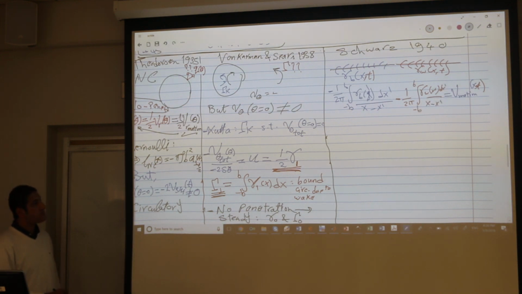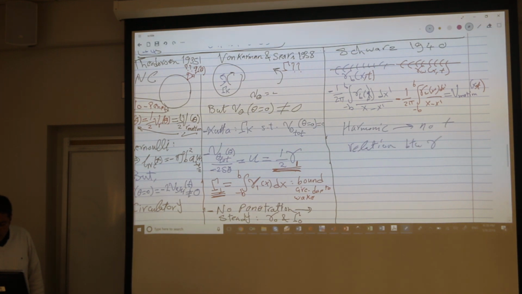Okay? What they did is harmonic motion from the beginning, so no t anymore, right? Then we need a relation between gamma wake and gamma bound. Well, the law of zero total circulation can give it to us.